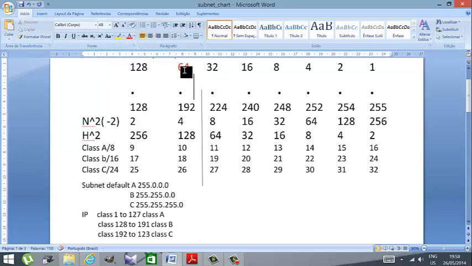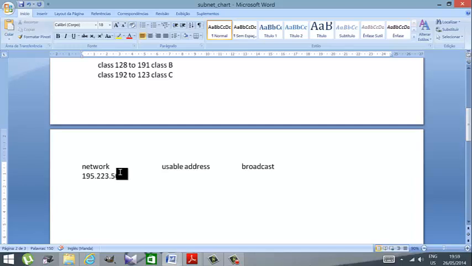So if you add this number, the first network is gonna be from 0 to 64, and then the next network from 64 to 128, and so on. For each network you add the number 64. So this is the first network.